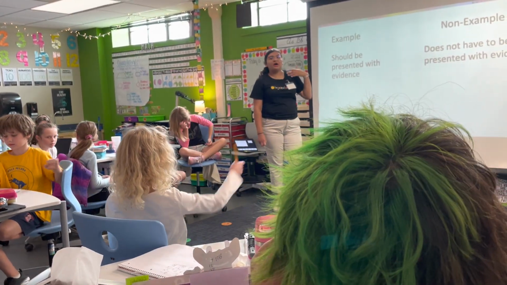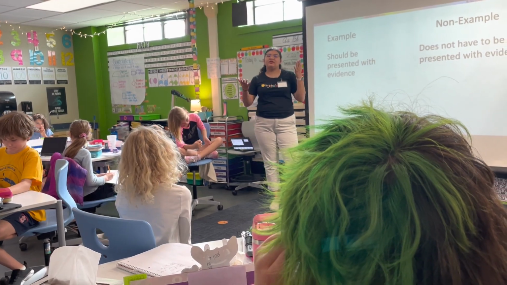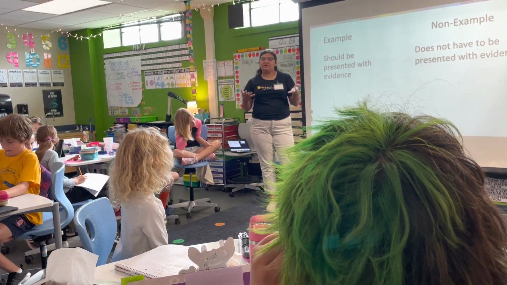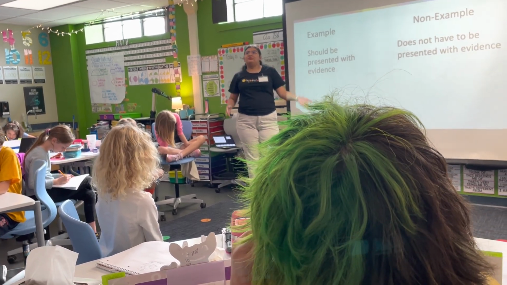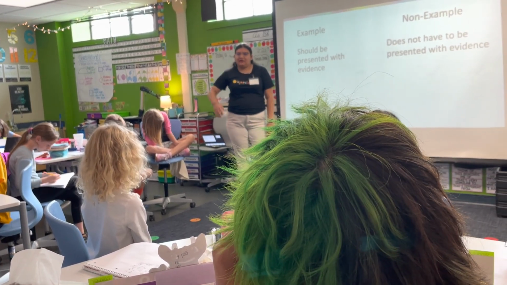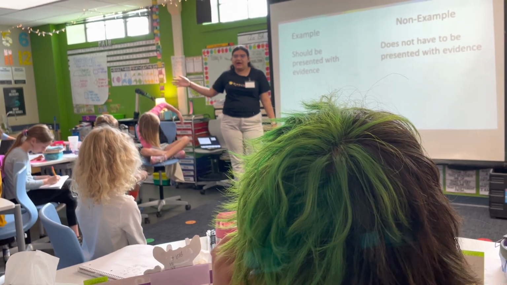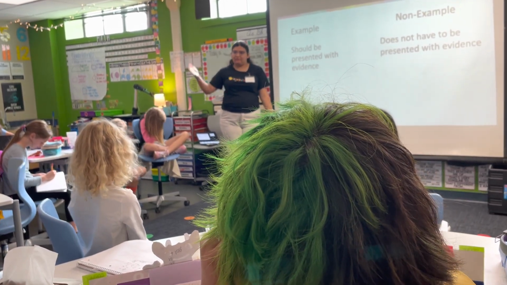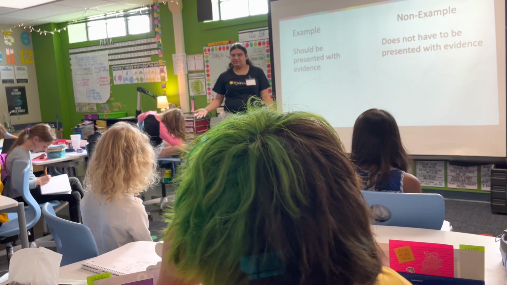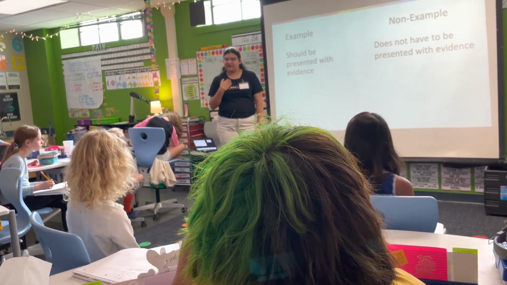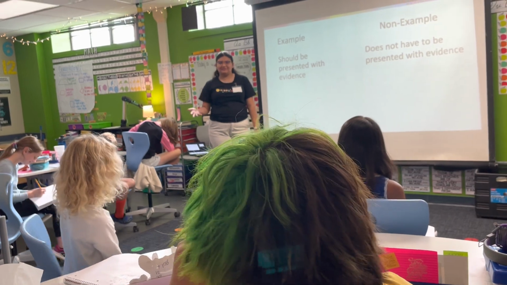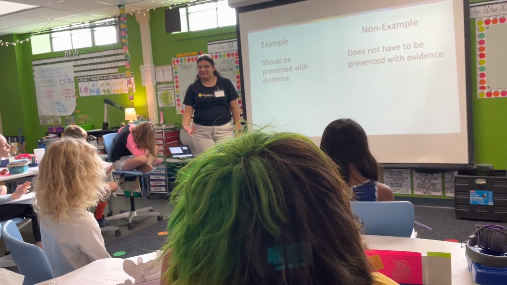You want to show emotion, but you don't want to go based on how you feel. So you could say, the reason why chocolate ice cream is the best is because, and then you look at information about why chocolate ice cream is the best. You don't want to say, chocolate ice cream is the best because I say it is. You don't want to do that.